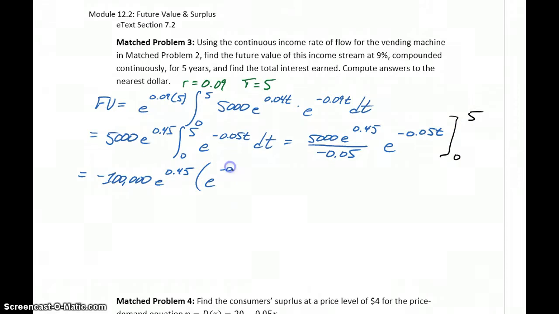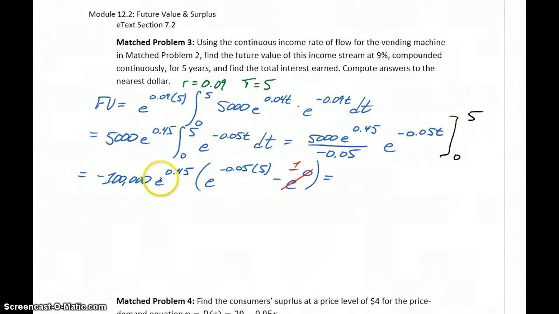So e to the negative 0.05 times 5 minus e to the negative 0.05 times 0, so e to the 0, which will just be 1. So again, this will depend on exactly how you type things in, what your final answer ends up becoming.